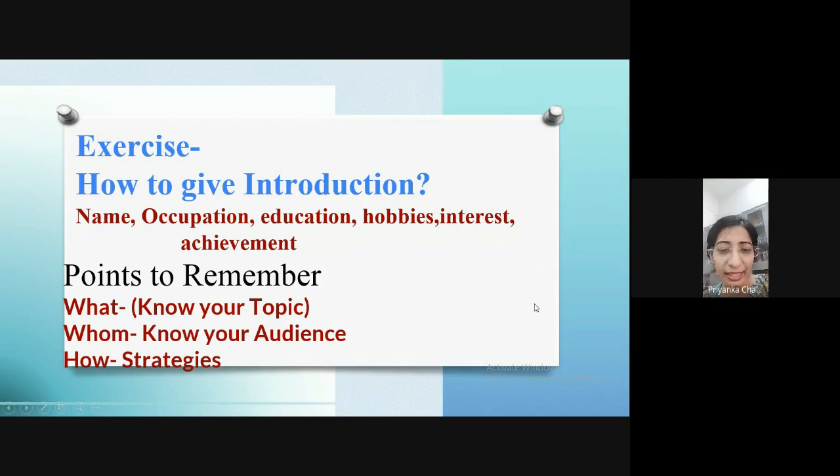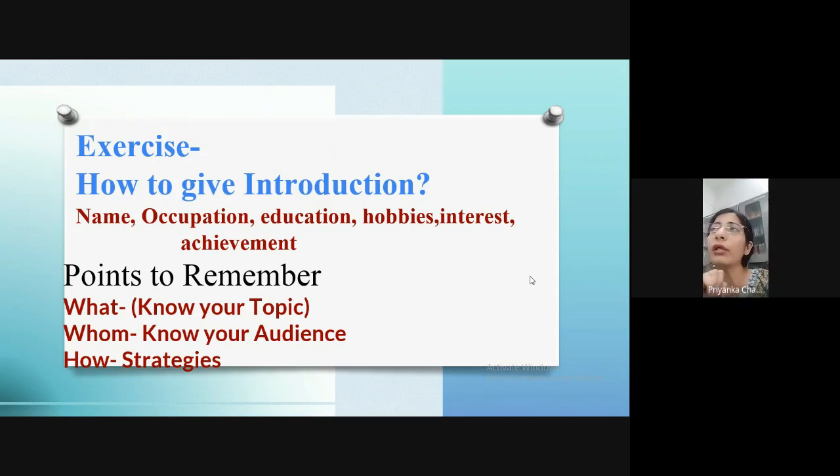Suppose in my case, I can see there are 35 members, including the organizing team, and most of them are from academics. They are from academic background. So this point is to be covered. Since you are from academic background, it is better if I cover all the tools related to ICT.